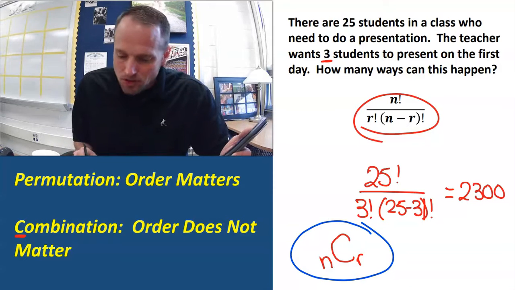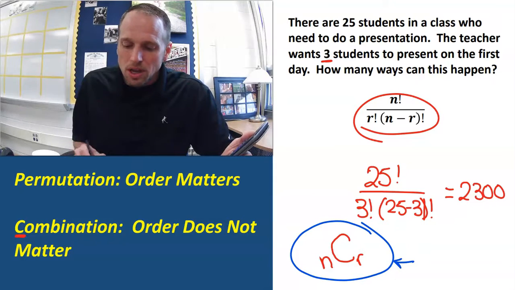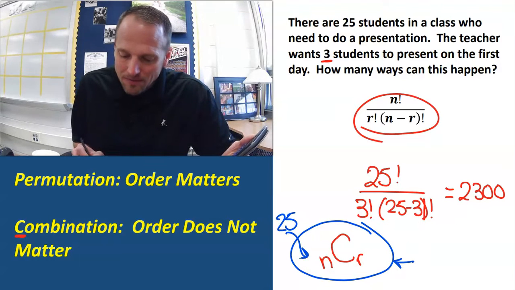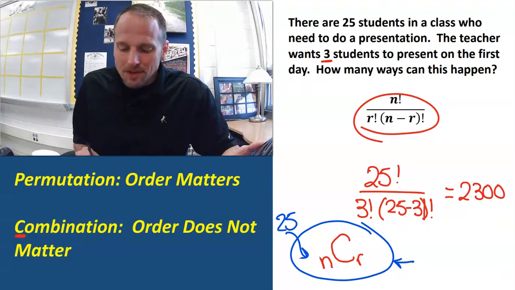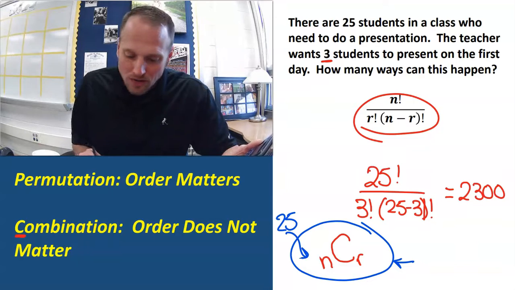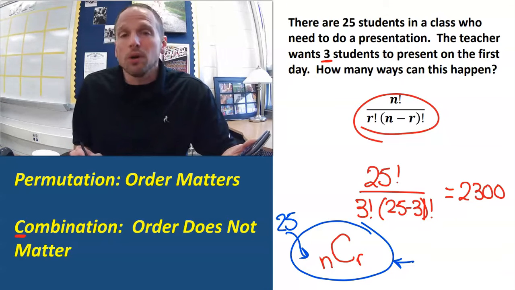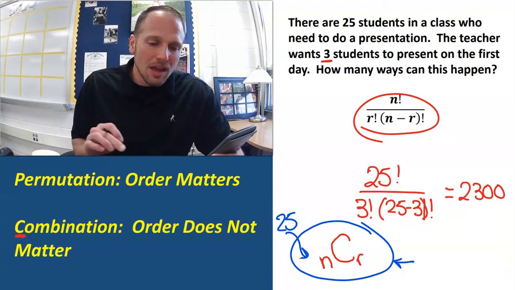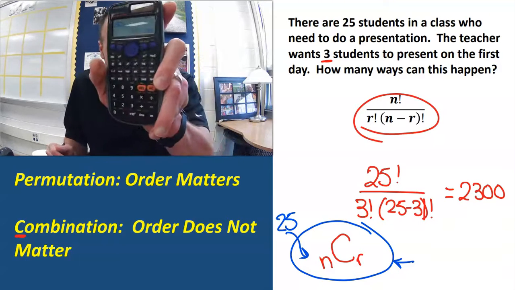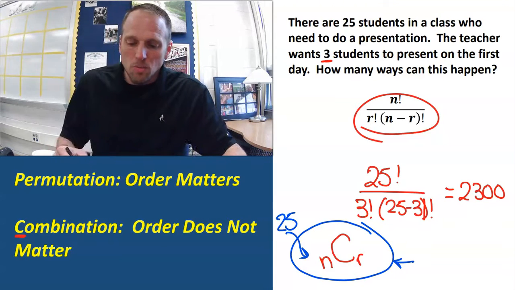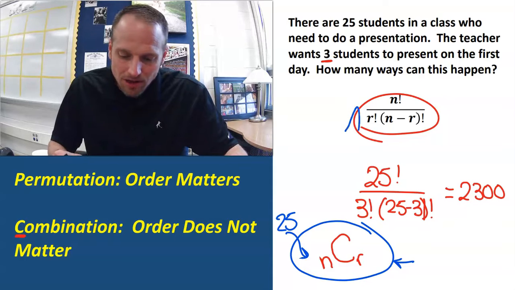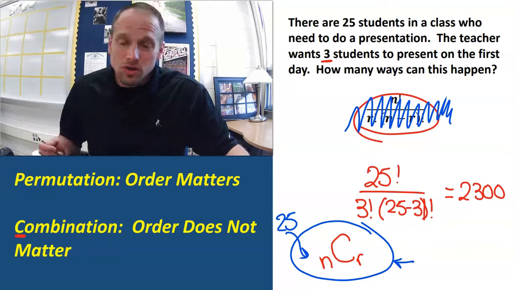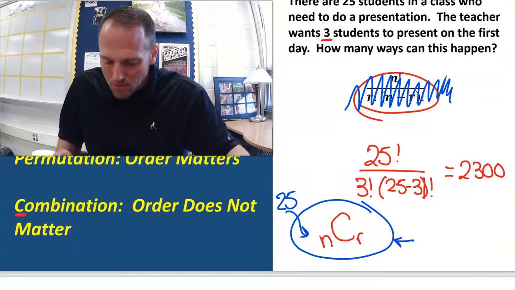I put in 25 first, and that's going in for my n. Then I hit the combination, and then I put in my r, and I'm choosing 3 people. So I put in 3, and I get the exact same number, 2,300. So if you have your calculator, you don't even need to use this formula, because it's already figured out for you, so you might as well do it.